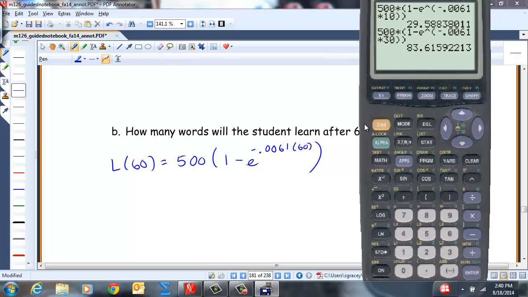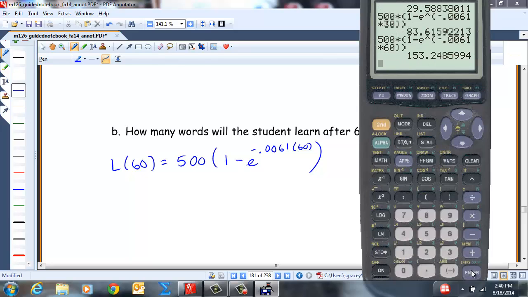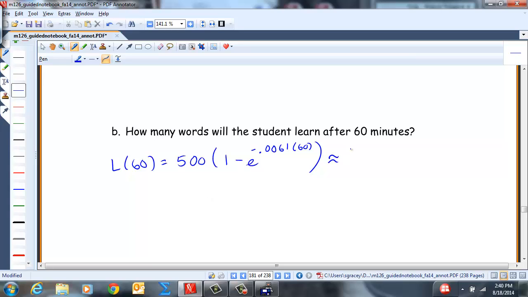So you also have to be really careful that you're in the right increment of time. This function was given in minutes, so we're good. All right, so you can learn approximately 153 words after 60 minutes.